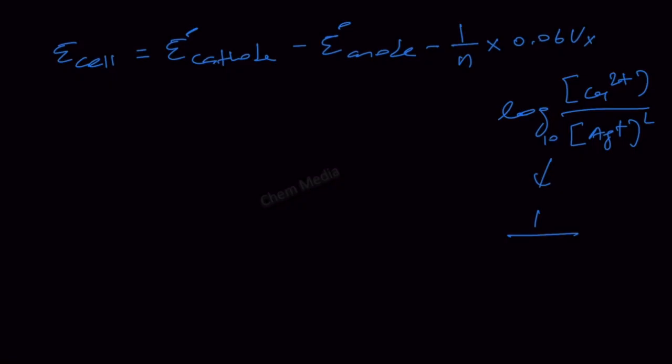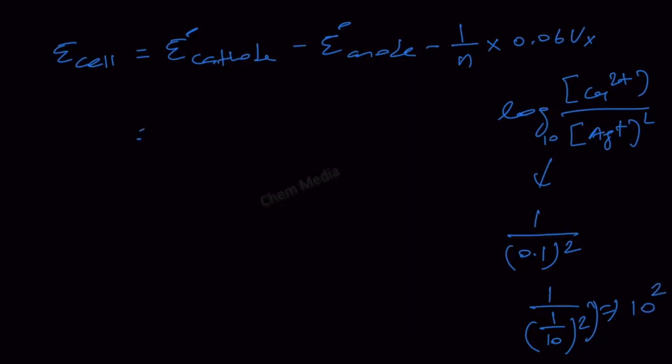The new concentration of Ag+ that we found was 0.1. So this is 1 divided by 0.1 squared. 0.1 we can write as 1 by 10, whole squared. So this is 1 by 100, and when it comes up it would become 100. I am writing it as 10 squared.